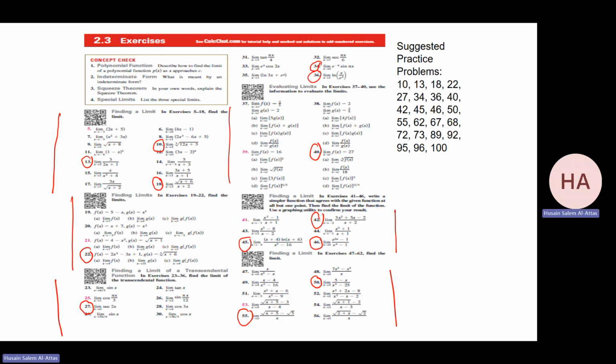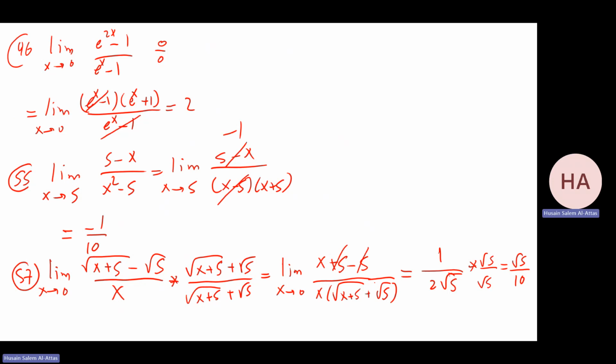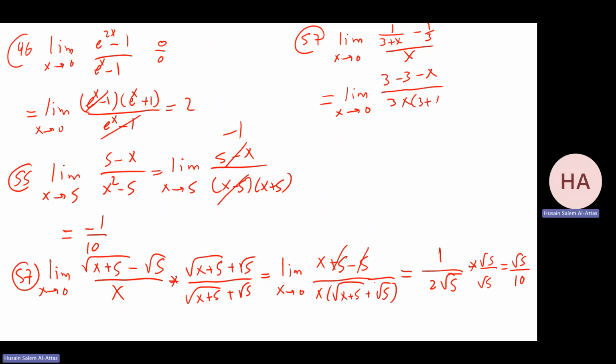Yeah, we're done with this group of problems. Now we have this. I'll do 57 also. Limit as x goes to 0 of (1 over 3 plus x minus 1 over 3) over x. So that will be limit as x goes to 0, simplify: 3 minus 3 minus x over 3x(3 plus x).